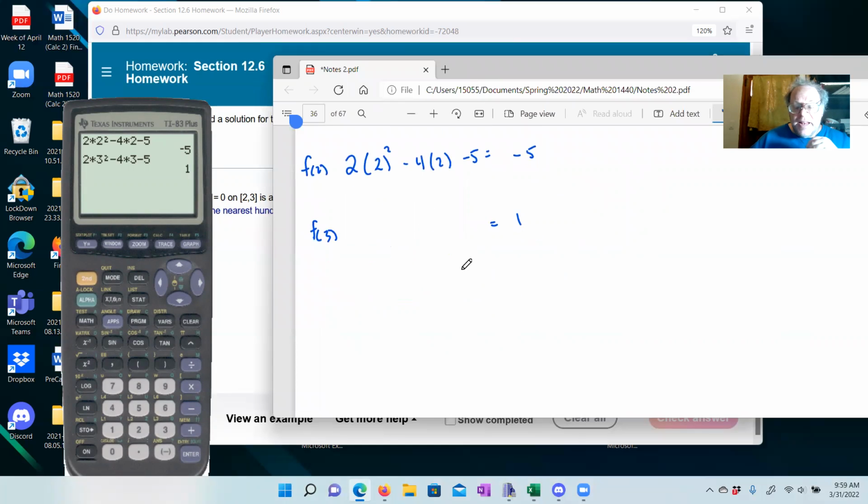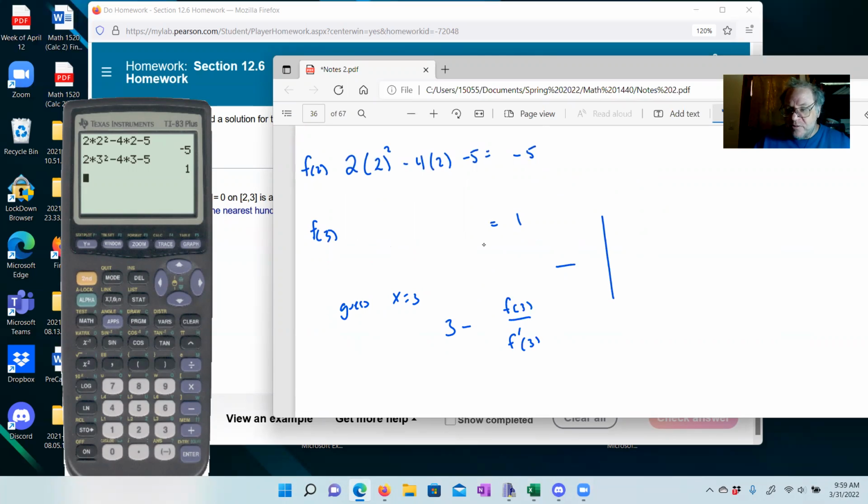Now we're going to make a guess, either 2 or 3. I'm going to guess x equals 3, which is close enough to 0. We're going to say 3 minus f of 3 divided by f prime of 3.